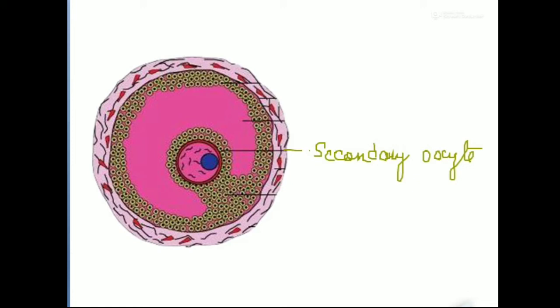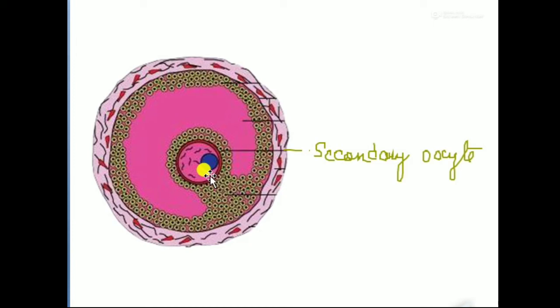The secondary oocyte is surrounded by many layers of cells. This structure is surrounded by a cavity. These cells are also called follicular cells.